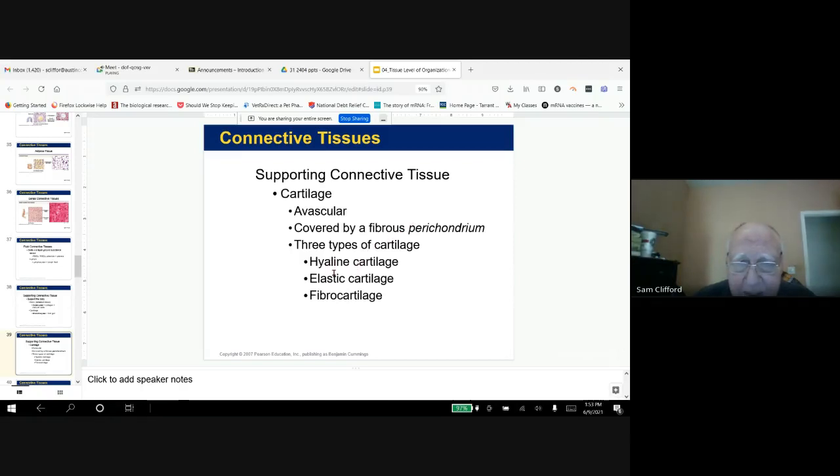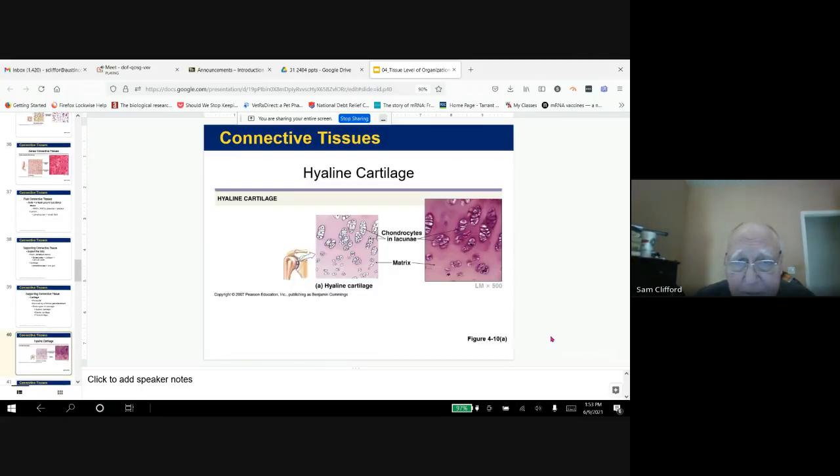There's hyaline, elastic, and fibrocartilage. Hyaline cartilage is found at the end of all bones. This is the extracellular matrix. The cells grow and secrete this gelatinous matrix. And there are collagen fibers also.